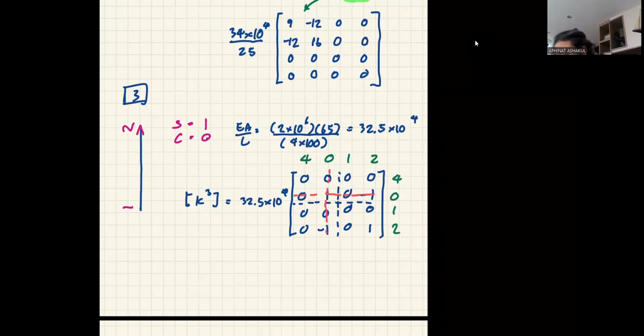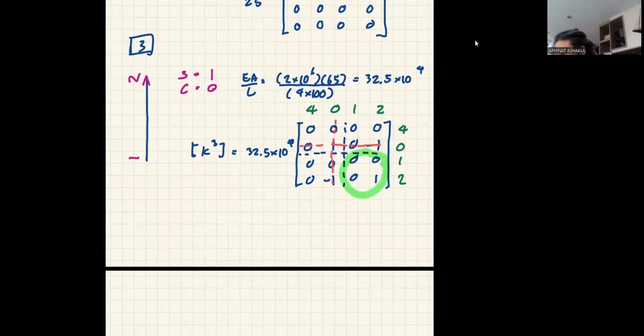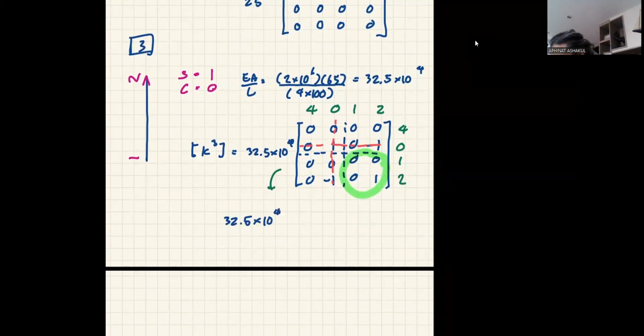And now we know here, let's go to quadrant 1, 2, right? And then 4. So here, this is going to become 32.5 multiplied by 10 to the power of 4.